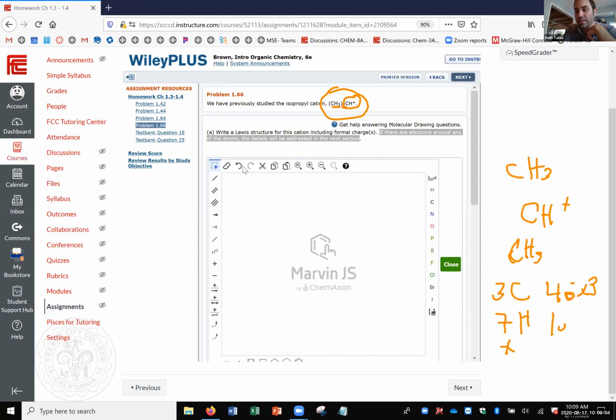Hydrogens have 1 valence electron times 7 atoms. And this positive charge means that a negatively charged electron has been removed from this molecule, so you're going to subtract 1 electron. When you add it all up, 4 times 3 is 12, plus 7 minus 1 is going to get you 18 total valence electrons.